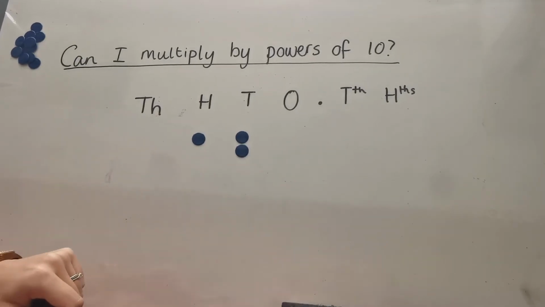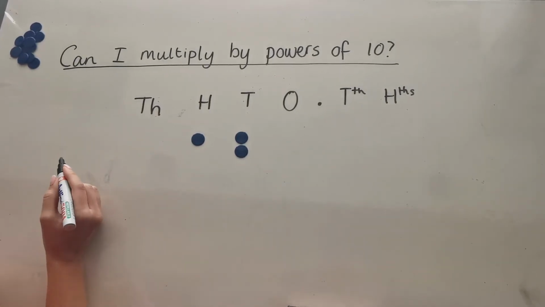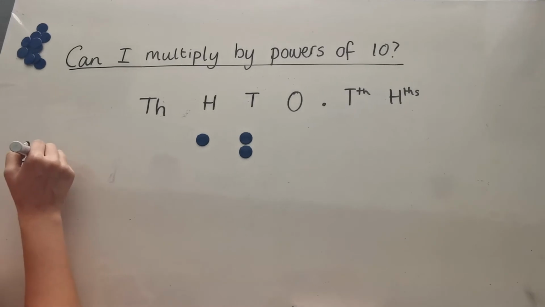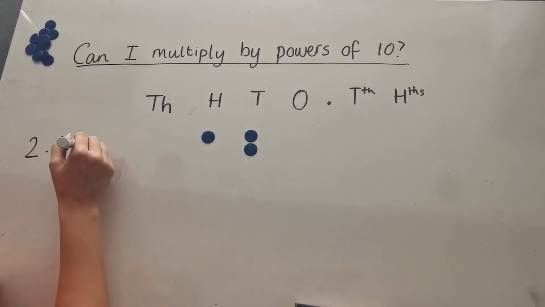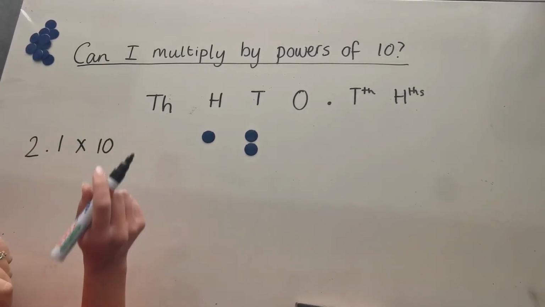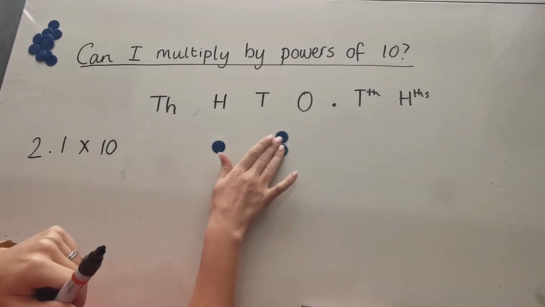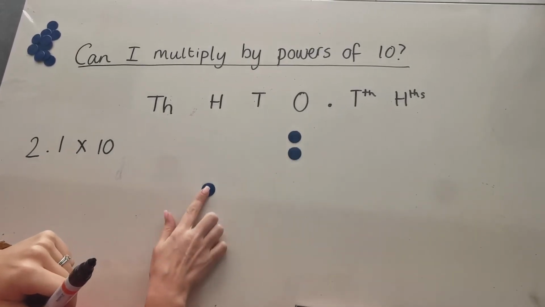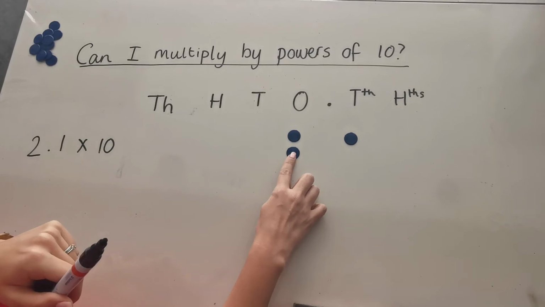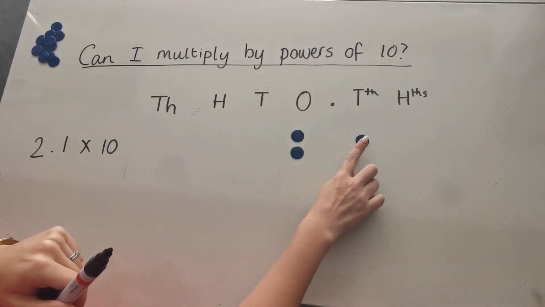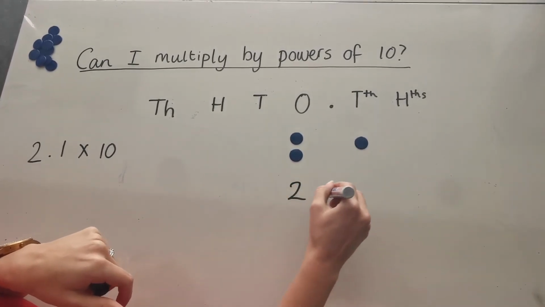But what about a decimal number, 2.1 multiplied by 10. In the place value chart, that looks like this: 2 1s and 1/10. That's 2.1.